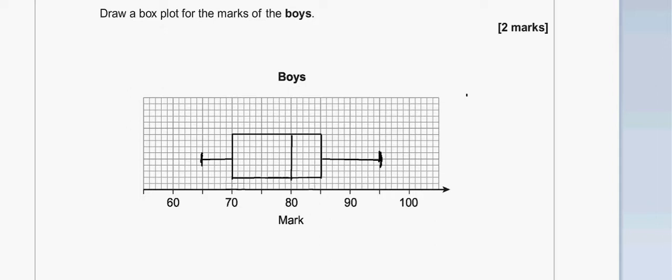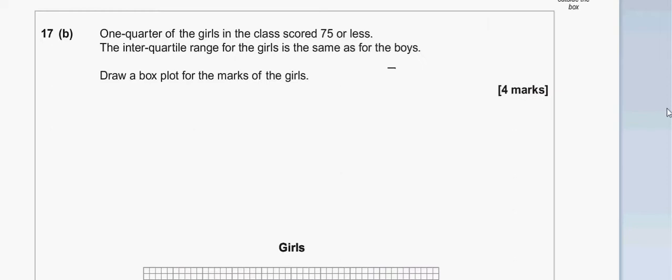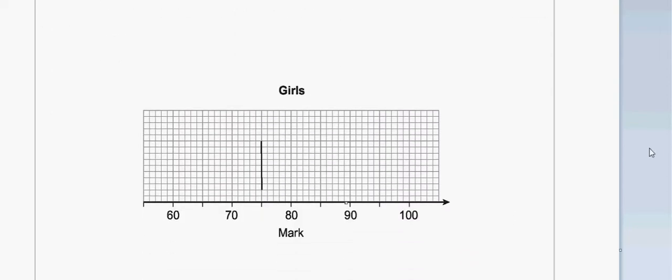So the interquartile range is going to be 15 for both. So 15 added on to this means that my interquartile range must still be 15. So from 75 add 15 is going to give me 90. Okay, so I can put my box in here.